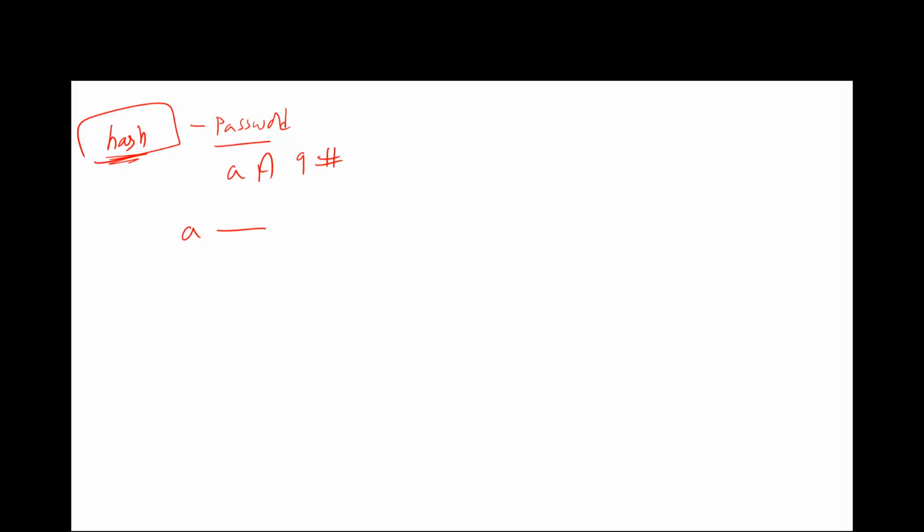If the hash value you have seen in the SAM file and the hash value you have created for alphabet A are both the same, can you say the user account password is A?